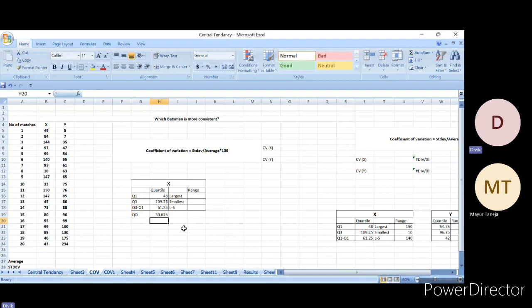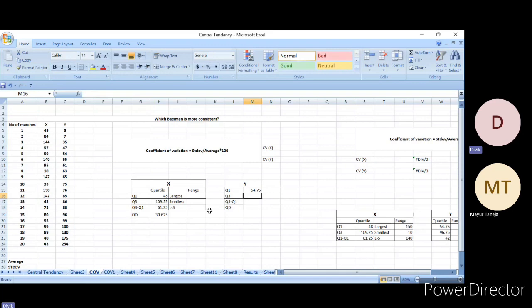In the same way that we calculated the values for X, similarly we can calculate the values for Y. Let's copy these values here, and mark it as Y. Again it would be a kind of practice. We write QUARTILE, give the selection in the series Y, comma 1, close the bracket and enter.